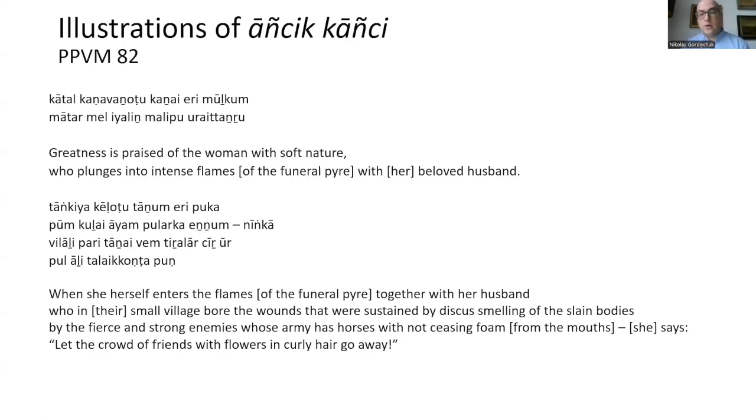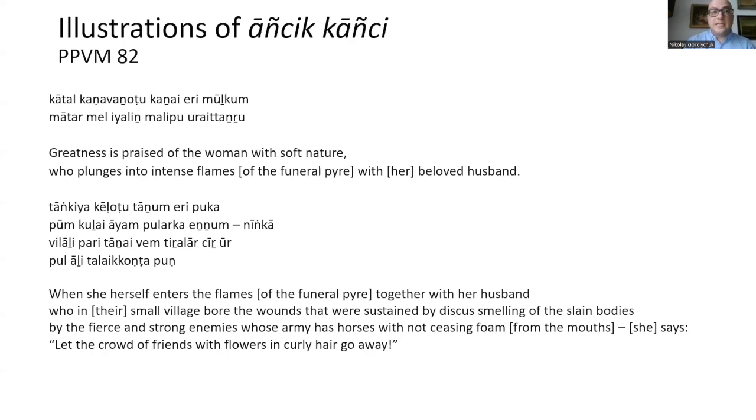Then the wounds caused by the discus, then the army of his enemies is described, and the woman says to the crowd of her friends, female companions, that they should go away. Let them perish. So, I just want to die. That's the idea.